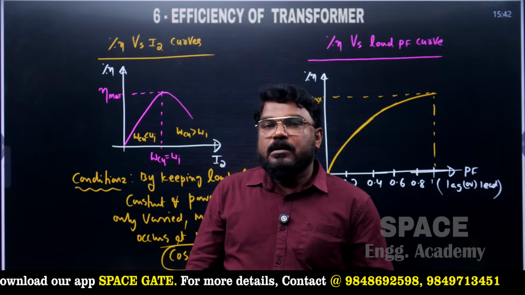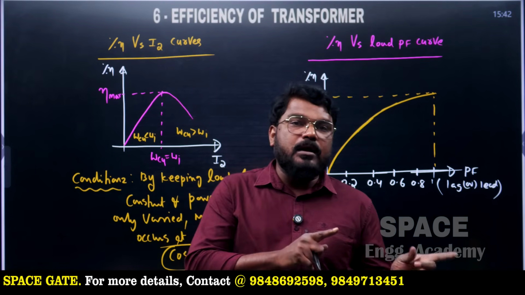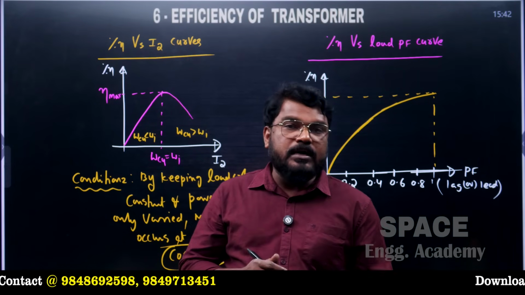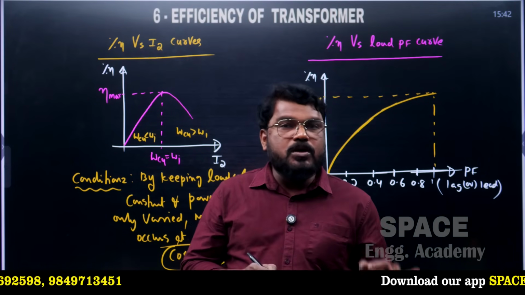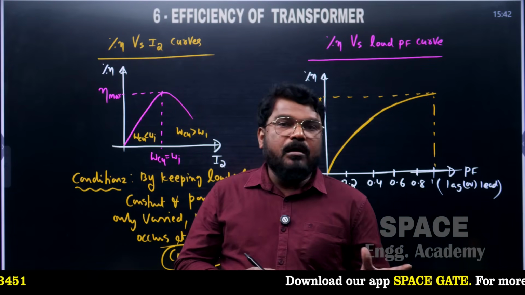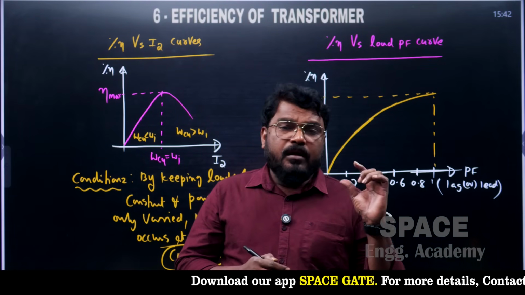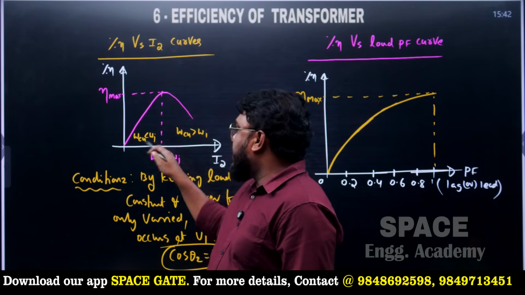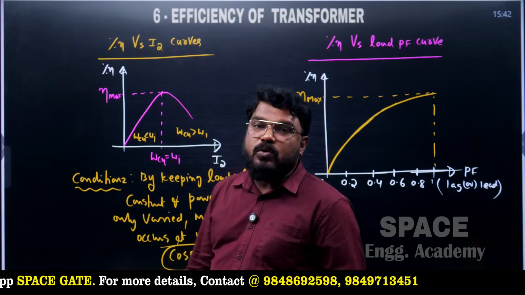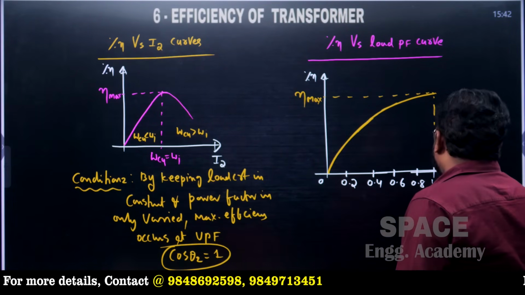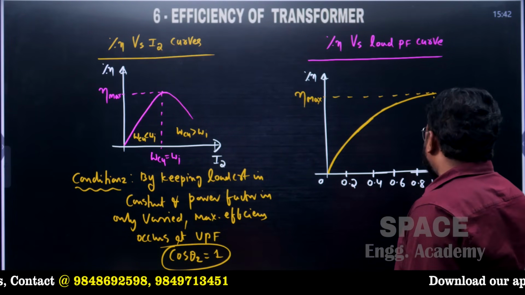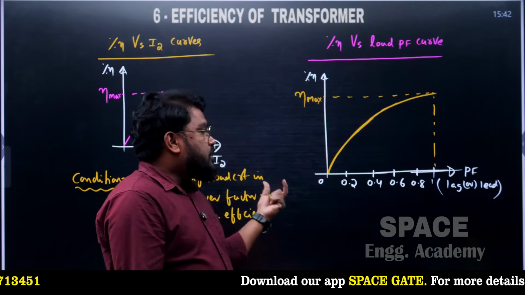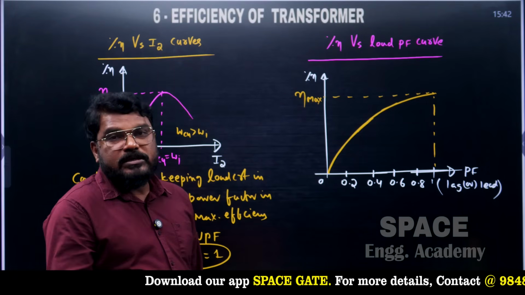Condition number 1, ఒకవేళ పవర్ ఫ్యాక్టర్ కాన్స్టెంట్ ఉంచి లోడ్ కరెంట్ మాత్రమే వేరీ చేస్తే maximum efficiency occurs when copper losses are equal to iron losses. ఒకవేళ లోడ్ కరెంట్ కాన్స్టెంట్ ఉంచి పవర్ ఫ్యాక్టర్ మాత్రమే వేరీ చేస్తే maximum efficiency ఎట్ యూనిటీ పవర్ ఫ్యాక్టర్ దగ్గర వస్తుంది. ఇవి 2 కండిషన్స్ అనేవి ఉంటాయి.